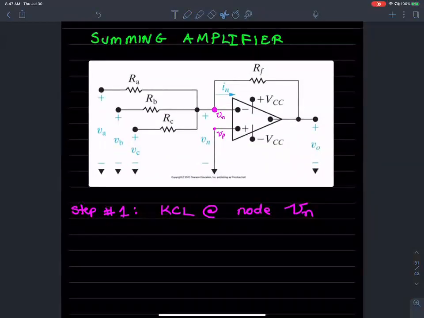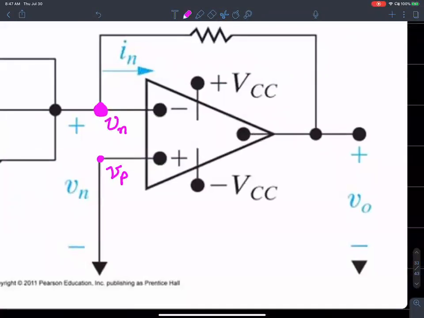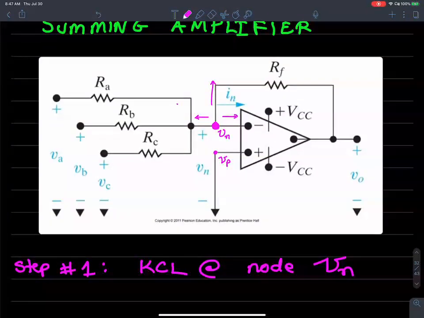There are different currents leaving, 1, 2, 3. The current going left is actually the sum of 1, 2, and 3 currents. So this node Vn has 3 currents going left, 1 current going north, and 1 current going east.